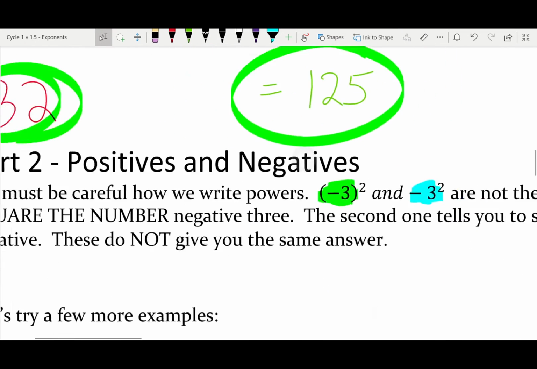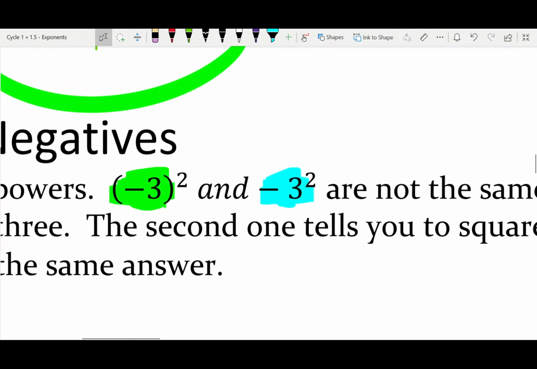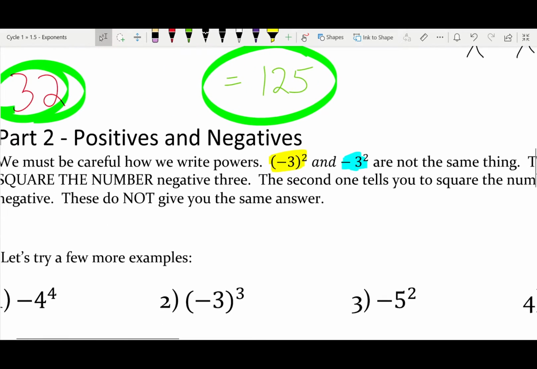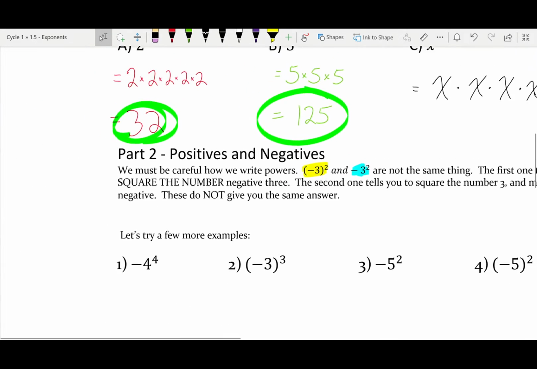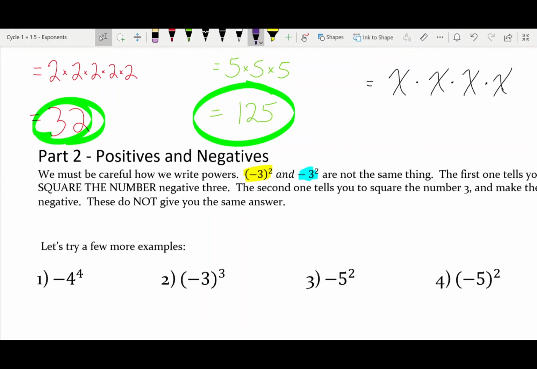These two numbers are not the same. They don't equal each other. That's weird, right? You could try it on your calculator right now. You could say, negative 3 in brackets. Why isn't that working? They don't give you the same answer.